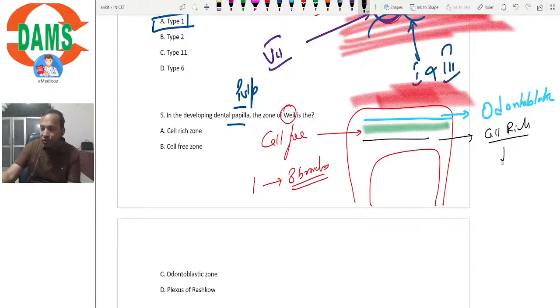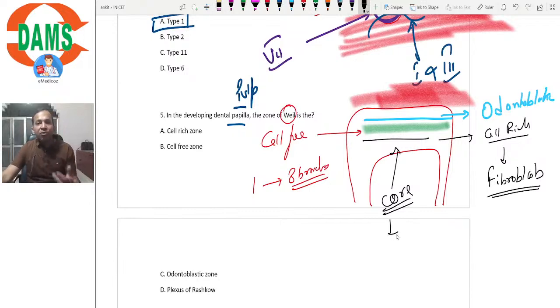The cell-rich zone mainly contains fibroblasts, and then there is the core of the pulp. The core of the pulp has the large venules, the large arterioles, and the undifferentiated cells, right? It also has cells associated with the blood vessels.